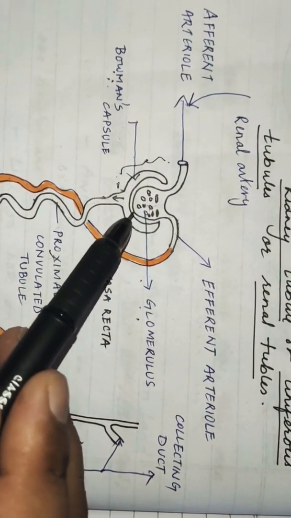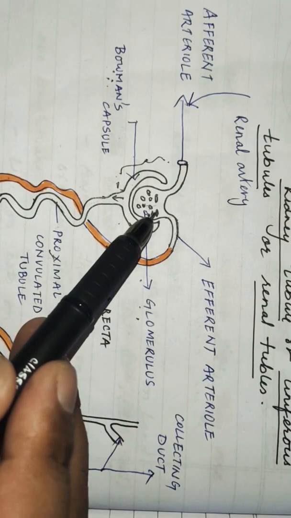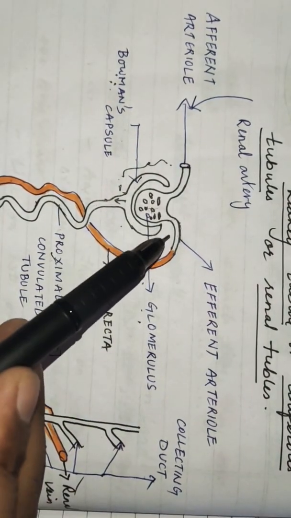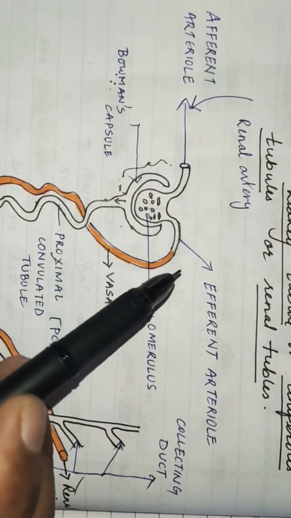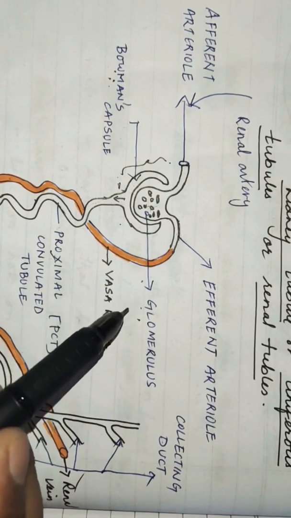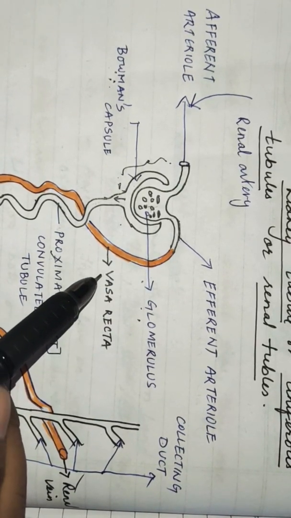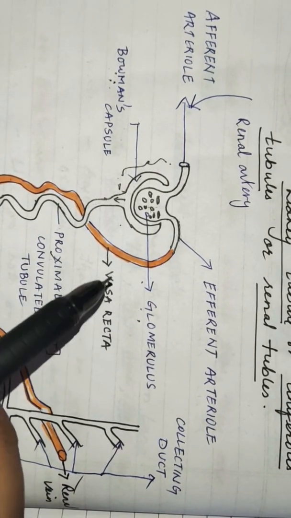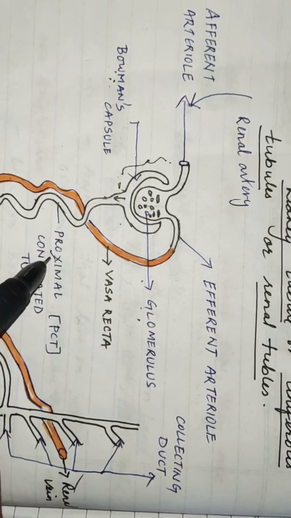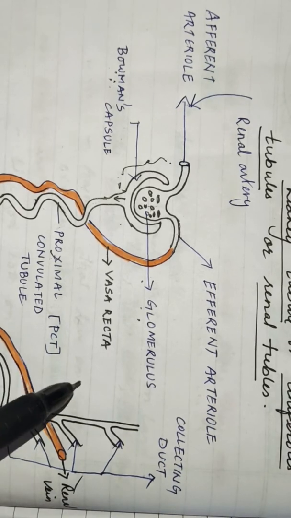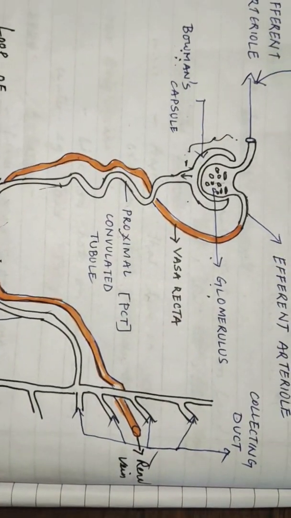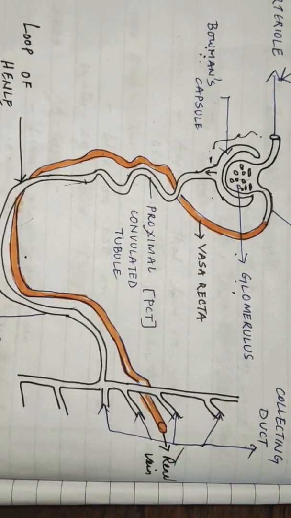The blood left in the glomerulus moves from the afferent arteriole into a blood vessel known as the vasa recta. It flows parallel to the whole of the nephron.